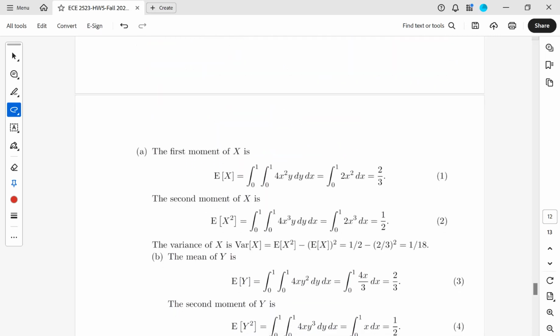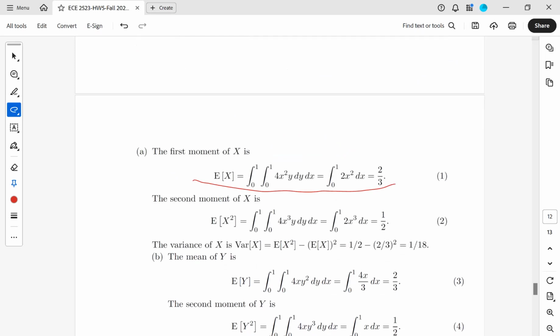Now, we know the expected value of X is the integral of x f of x. Now, what is f of x? It is the integral of our joint random variable over y.